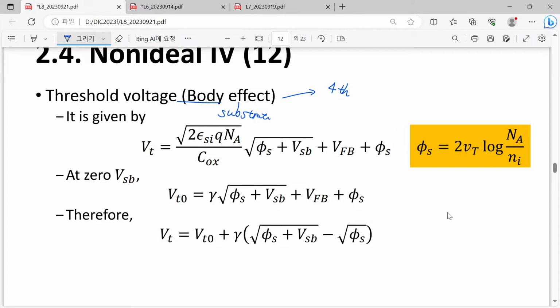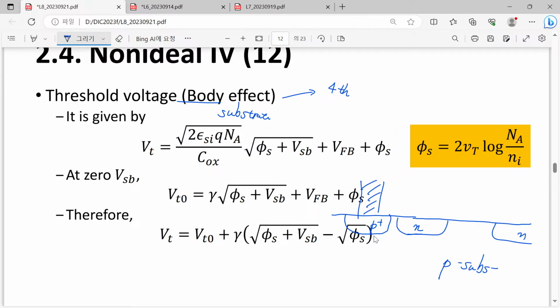In the case of our MOSFET, that corresponds to our P substrate. Do you remember, when we considered NP, we introduced another P plus region connected to the metal line, so this P tap can provide the ground voltage to our P-type substrate.